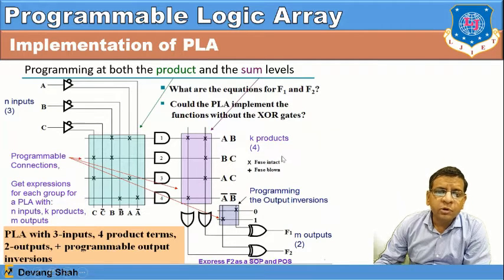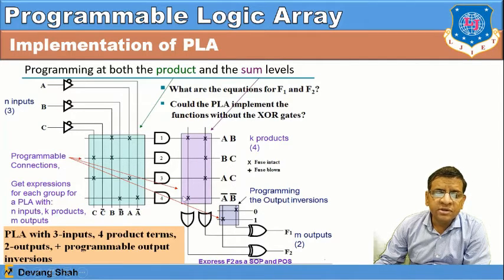So you can see this particular fuse is intact here, and where a fuse is blown, that means there is no connection, right? Further, you can see a fixed array of OR, or maybe a programmable array of OR. If it is programmable, it becomes PAL, which is programmable array logic, right?